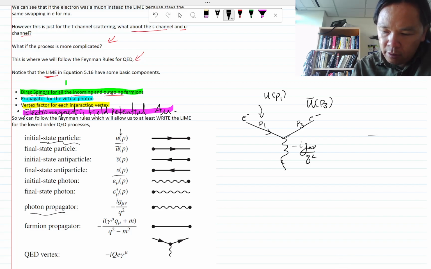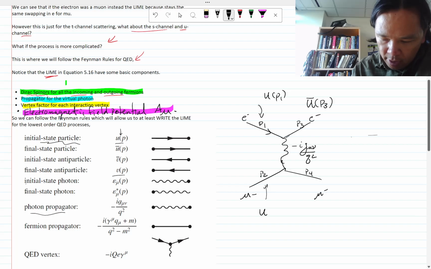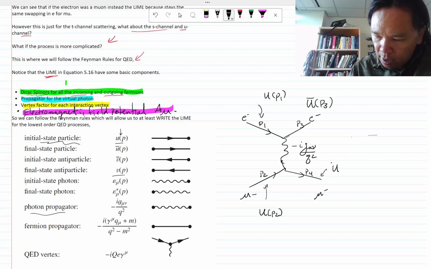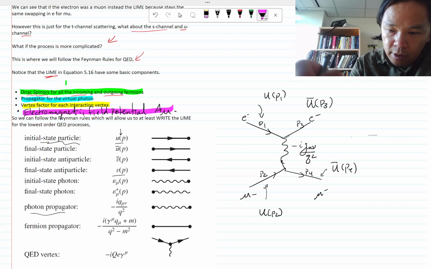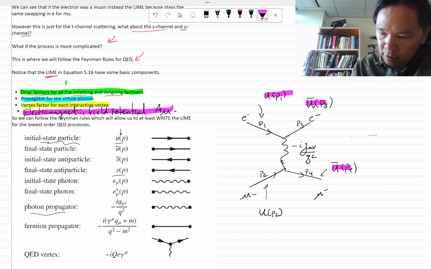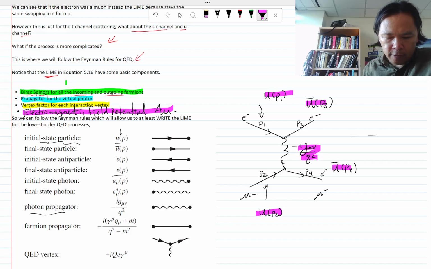And then if we have another particle, let's do a muon this time, fancy, we'll call this P2, P4. Since P2 is incoming, it's not the adjoint version, and since P4 is outgoing, this will be the adjoint of P4. So you want to grab all these different pieces just from reading this diagram, these 5 pieces.